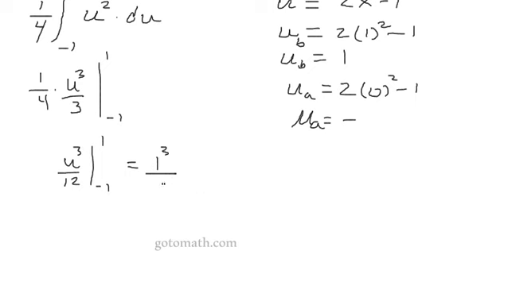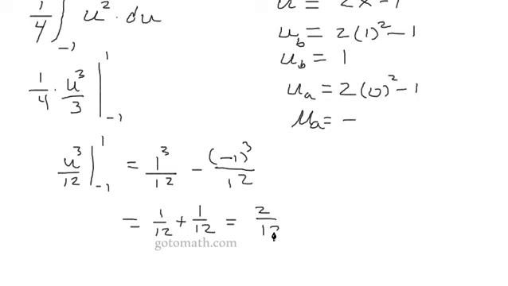So 1 cubed over 12 minus negative 1 cubed over 12. And so we end up with 1 over 12, and then this becomes plus 1 over 12. And so that becomes 2 over 12, and of course that reduces down to 1/6, and there you go.